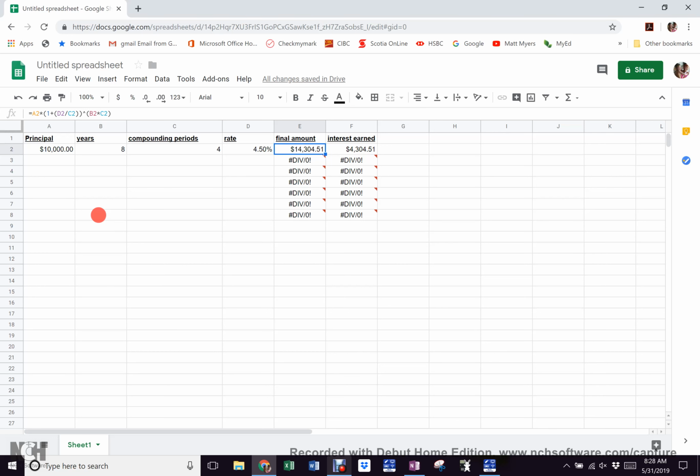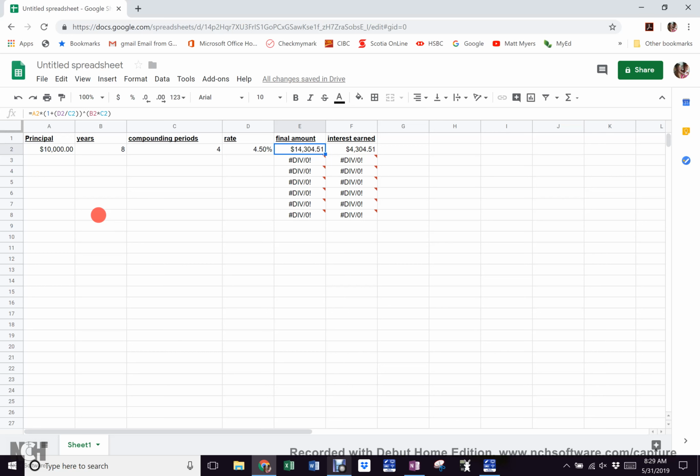Okay, so we're going to enter our formula. Equals principal times bracket 1 plus new bracket interest rate divided by compound, close brackets, up, open bracket years times compound, close brackets.